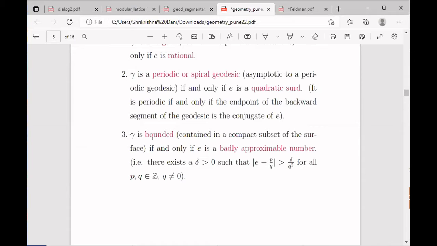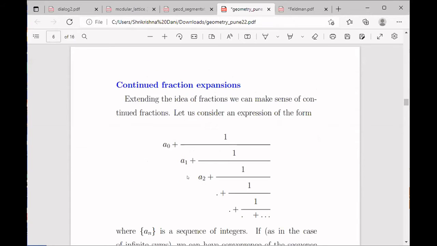Nevertheless, it is still abundant in the sense that they are uncountable, and also in terms of the Hausdorff dimension, they actually form a large collection. So this is the basic correspondence that I'd like you to keep in mind. We'll go further with that. Now, a quick introduction to the number theoretic part. So now, extending the idea of fractions, we can make sense.